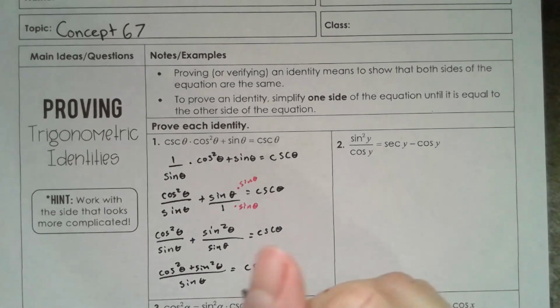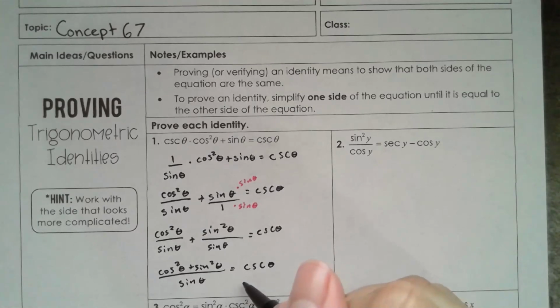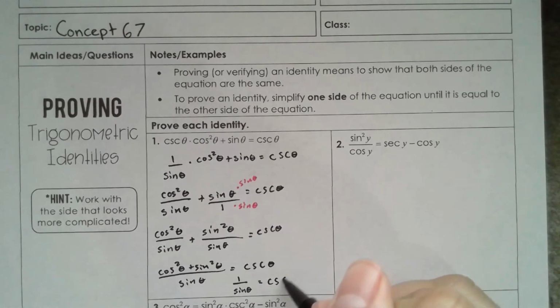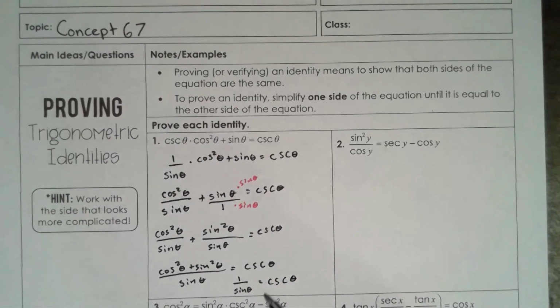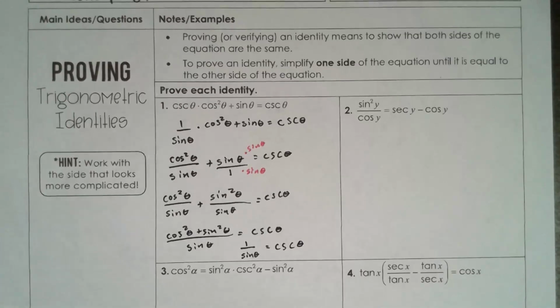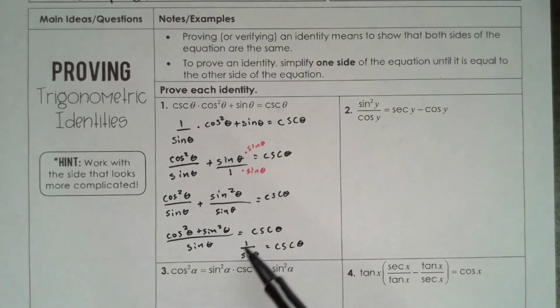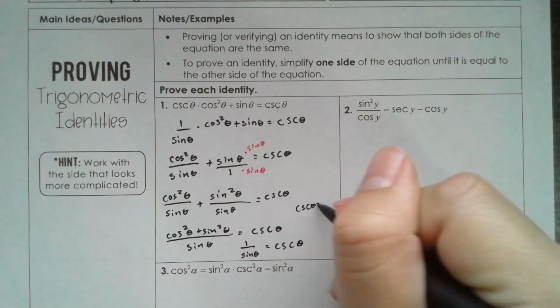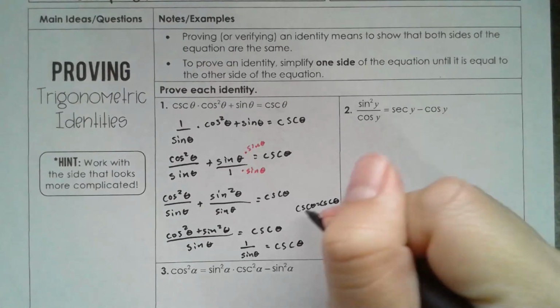So then on the left side here, I'm going to have 1 over sine theta is equal to cosecant theta. And this right here, 1 over sine theta, that's the reciprocal of cosecant theta. So then cosecant theta is equal to cosecant theta.